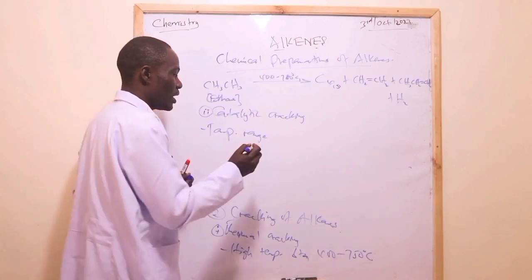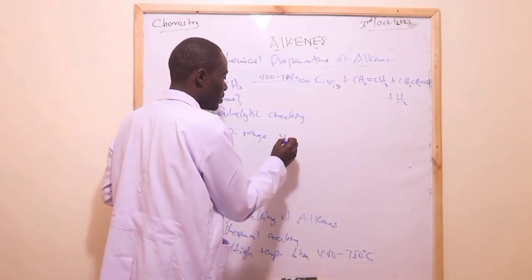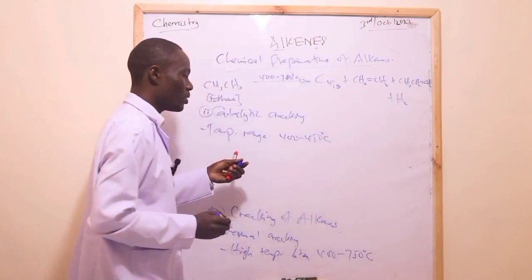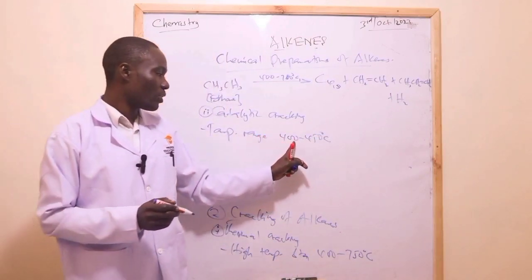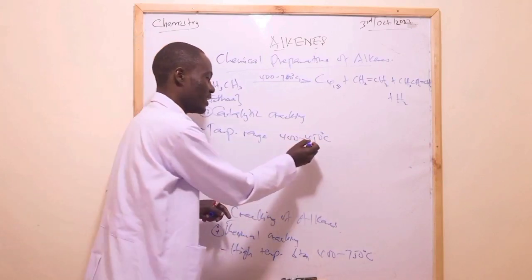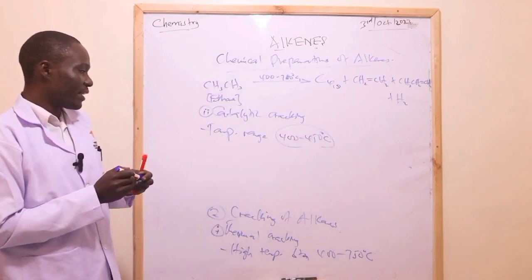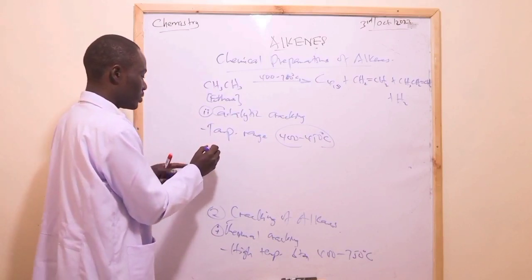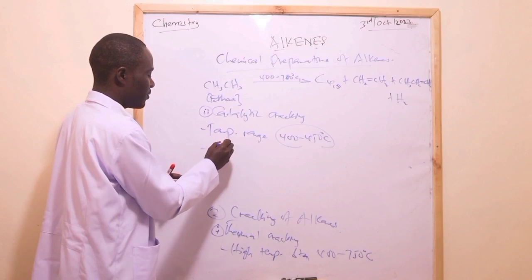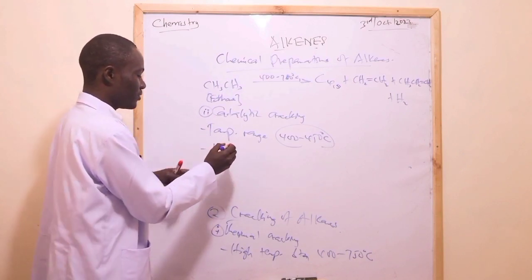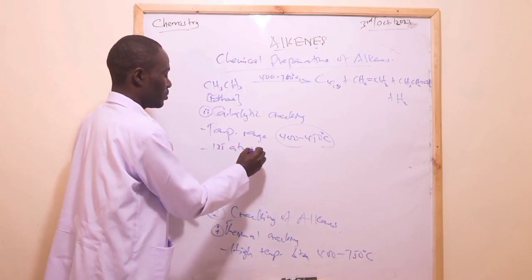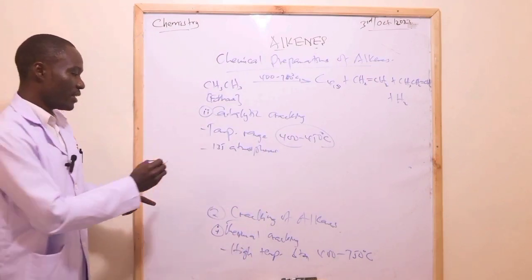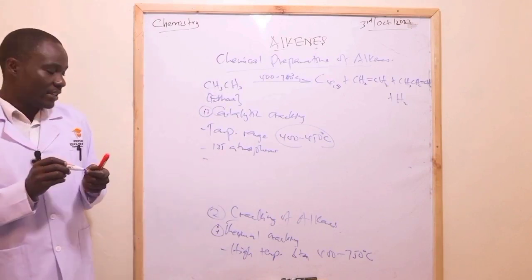So in this case, it should be a maximum of between 400 to 450 degrees Celsius. And there must be a pressure of around 135 atmospheres. This pressure is a very high amount of pressure. And of course, there is a catalyst.